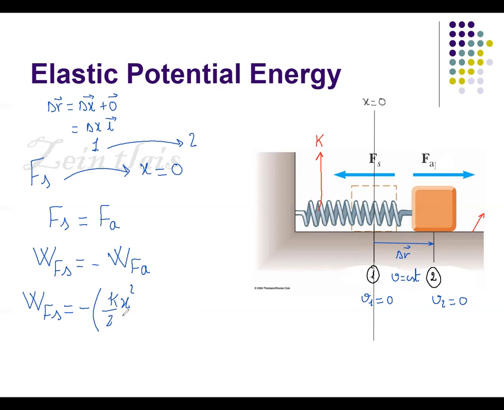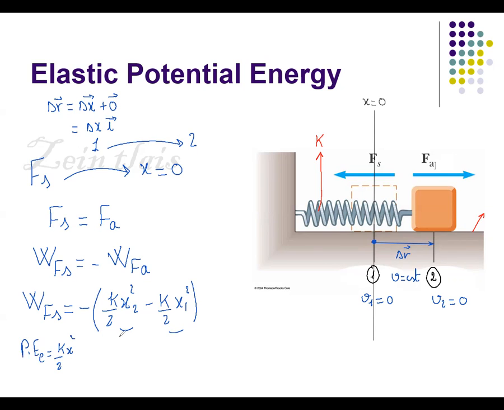Here, the final position is 2: half k x2 squared minus half k x1 squared, the final position and the initial position. In this case, x1 equals 0 because it was at the origin here. And you know the definition of the elastic potential energy, PE elastic, equals half k x squared.